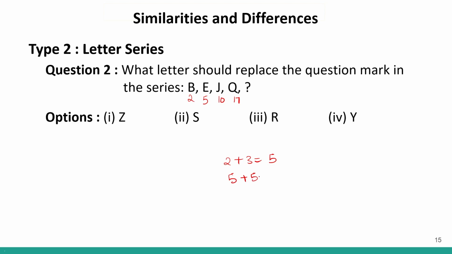Similarly, 5 plus 5 gave me 10th position. 10 plus 7 gave me 17th position. So we are adding consecutive odd numbers. So 17th plus 9 will give me 26th position. So here we'll have the 26th position, and 26th position clearly belongs to the alphabet Z. So our answer will be option number 1, Z.